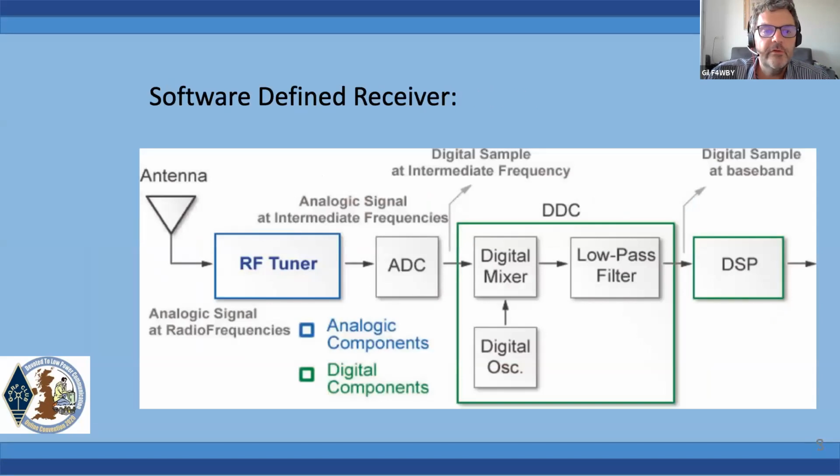Now we go to the software-defined receiver, and we can see here immediately that it's quite different. We also have an RF stage on the left, so signals come to the antenna and are detected by the RF tuner, as they call it. And then that signal will be converted, and ADC means analog-to-digital converter.